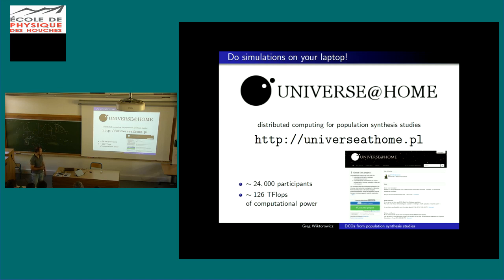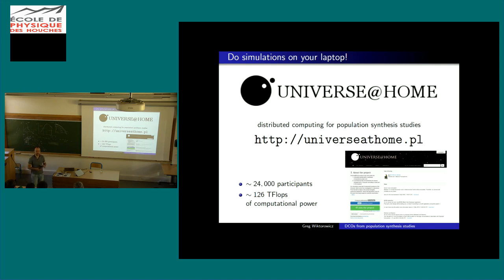For those of you who are not familiar with this unit, teraflops are trillions of floating point operations per second, and if it still does not describe how large the computational power is, the largest computers working currently have petaflops of computational power, so just 2-3 orders of magnitude higher than this, and we have just 24,000 participants.